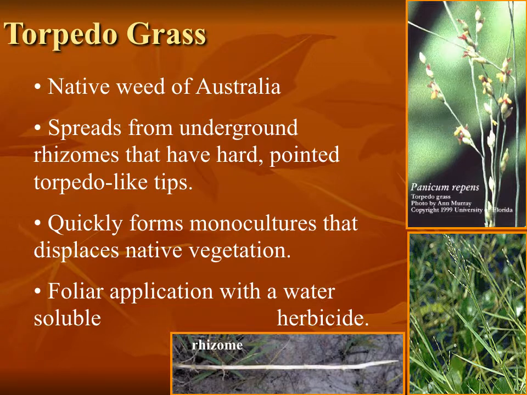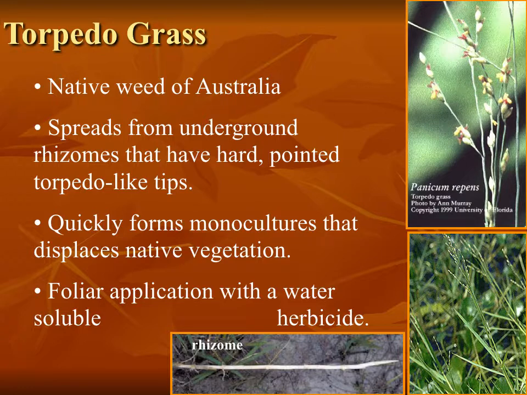Here's one that we do get homeowners asking us about a lot: torpedo grass. It will survive in home situations in and amongst the turf grass and is very difficult to control. Think of its common name, torpedo. If you look at the lowest picture that says rhizome, that is the runner or modified stem. A rhizome is a modified stem. We remember that from botany, and it has nodes and internodes.